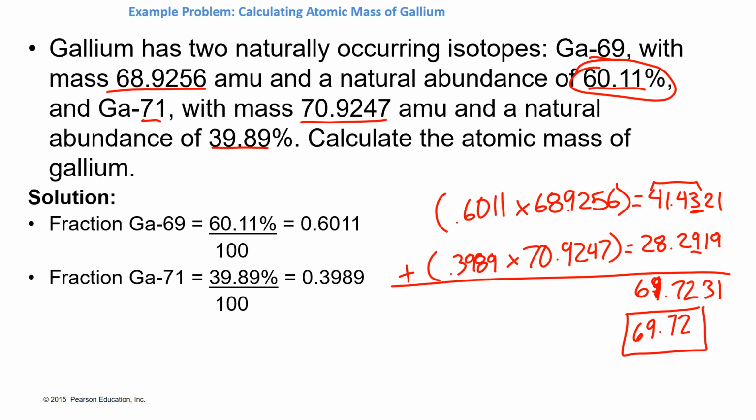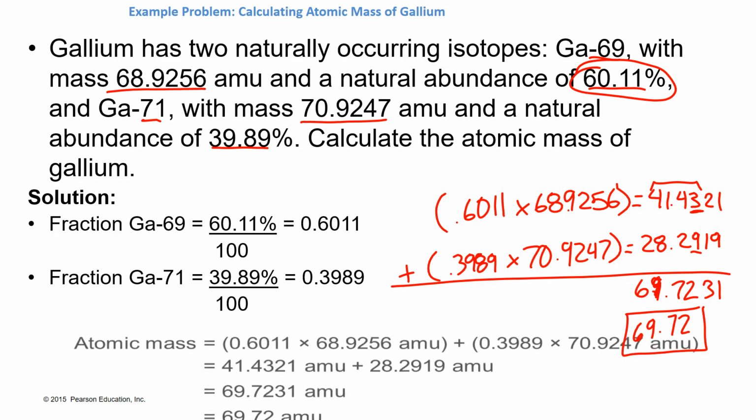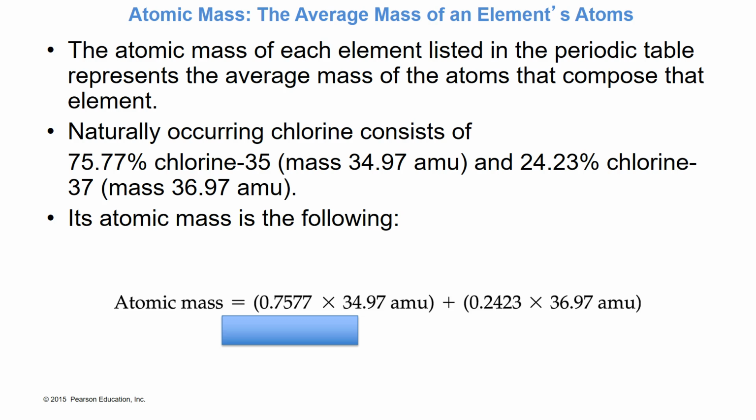Let me make sure I have the question I want next. Yeah. All right. So go ahead. I'm already setting this one up. So chlorine has 2 naturally occurring isotopes. We have chlorine 35, which has an actual mass of 34.97 AMU, and it's 75.77% abundant.